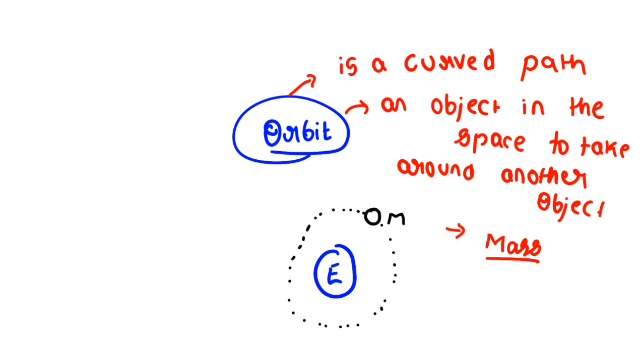When both objects have the required mass and balance each other in their respective masses, that allows one object to move around the other without falling into the gravity of the other.